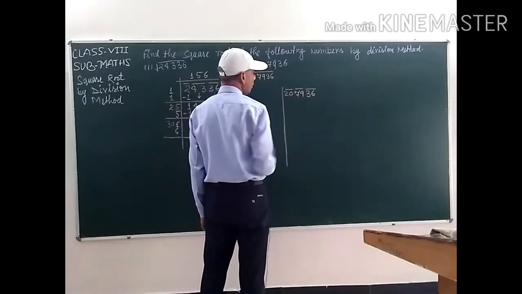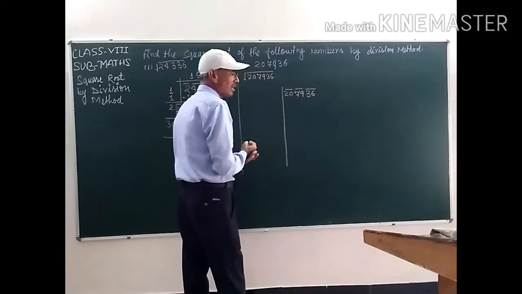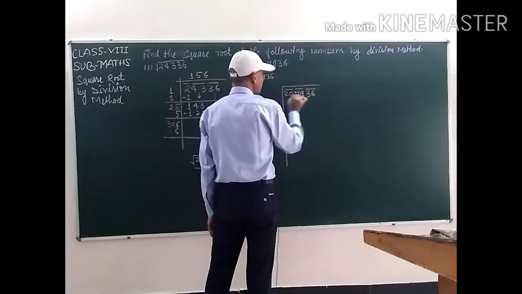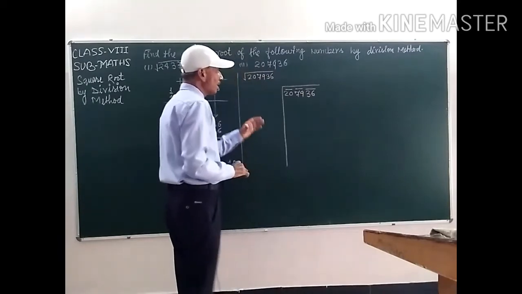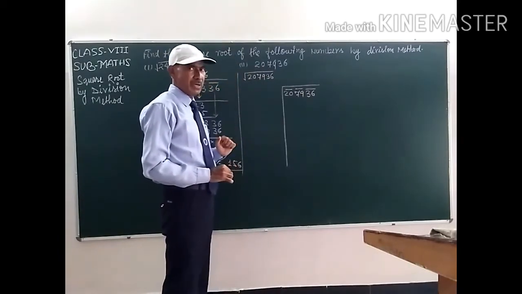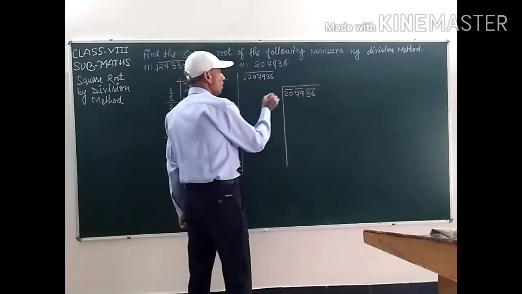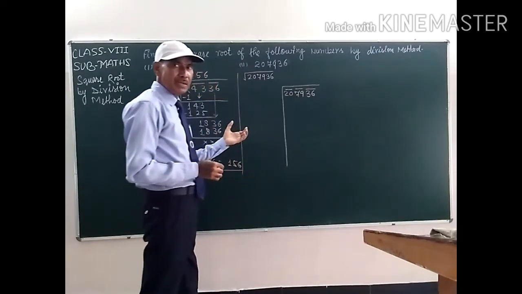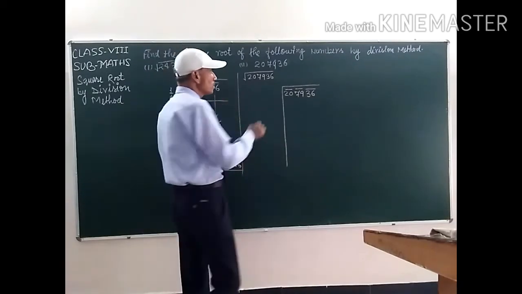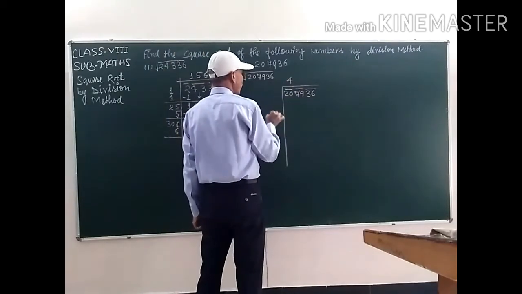Okay, so there are 3 pairs, 3 groups. The first number is 20 here. Guess the number whose square is 20 or less than 20. Which number will we take here? 4 times 4 is 16, 5 times 5 is 25. So we will take 4 here.